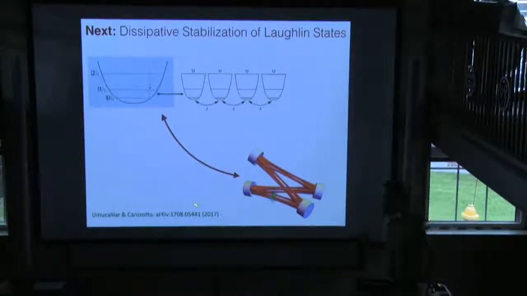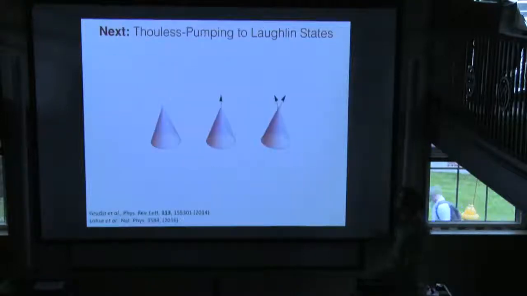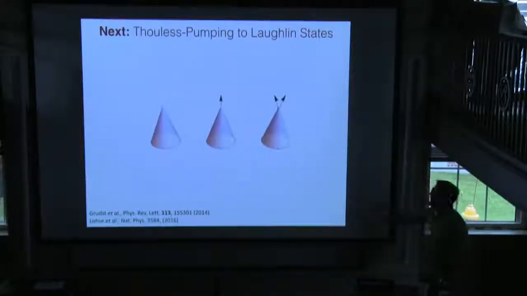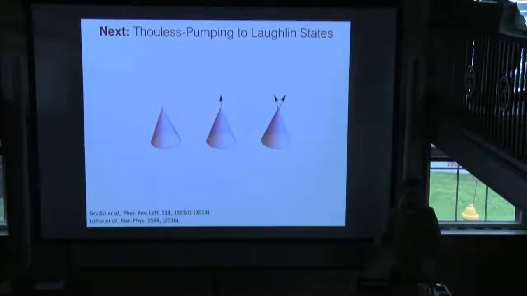And guys like Jacopo Carusotto and Mohammad Hafezi have thought along these lines. And another possible approach to making these states is to Thouless-pump, basically put a photon in and then flux thread the system. I didn't tell you about that, so maybe we don't talk about that one.